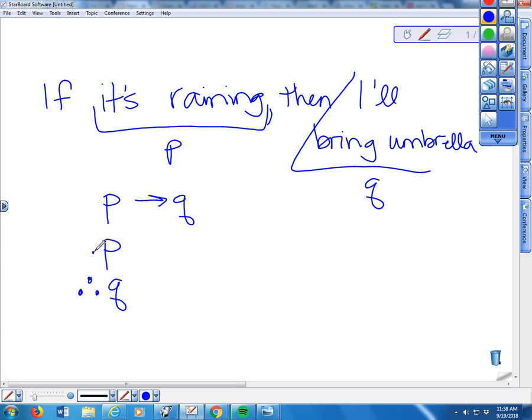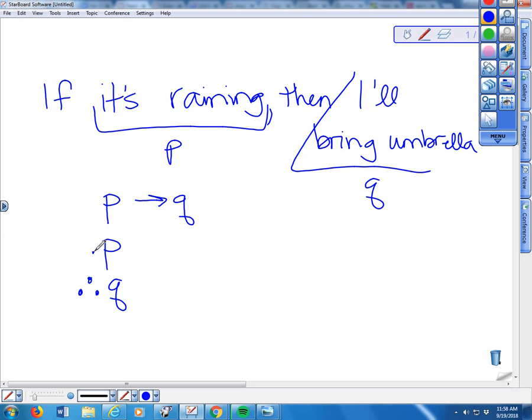It's raining. Then I'll bring an umbrella. I can't say if it's raining, then I'll bring an umbrella. I brought an umbrella, therefore it's raining. That's not the law of detachment. With the law of detachment, you have to be given the hypothesis as fact, not the conclusion. Everybody understand the difference? Because these get confusing, and I want to make sure you're all following me.